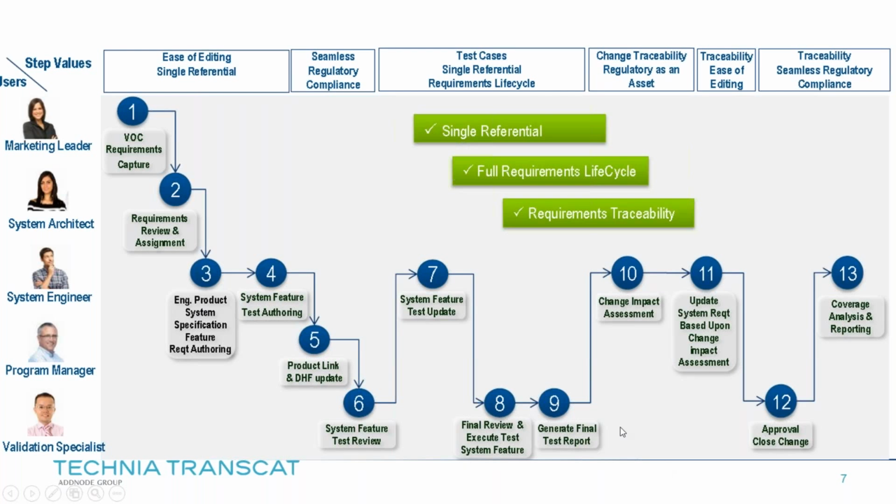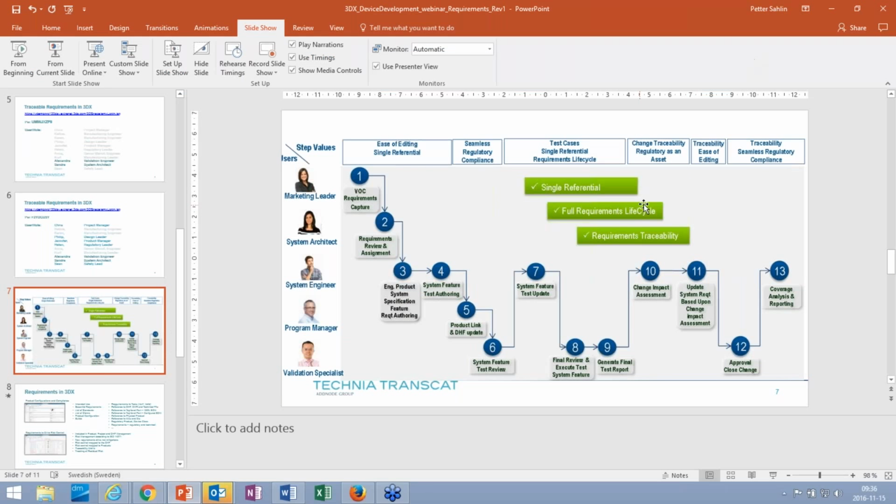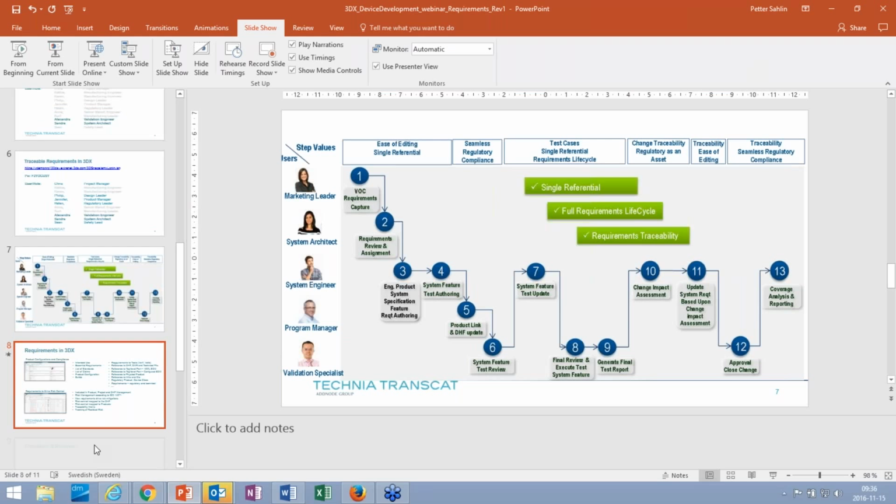The validation specialist owns the test sets. It might be from recommendation of the systems engineer, of course, but the whole essence here is to have a good exchange of the responsibilities between the different teams. And it might be prototyping engineers, or it might be whoever is in charge of the prototype validation.